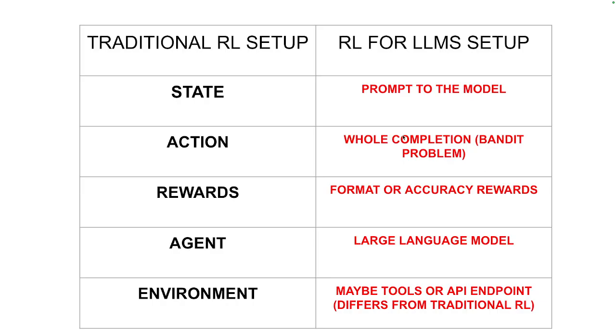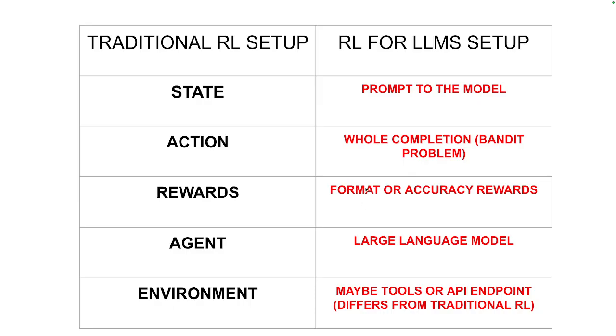So if we see it in a tabular form, the traditional RL setup has a state, and in language models we have the prompt to the model as the state. The action is the whole completion, or we call it a bandit problem because it's considered as just one action. And the reward is the format or the accuracy rewards.